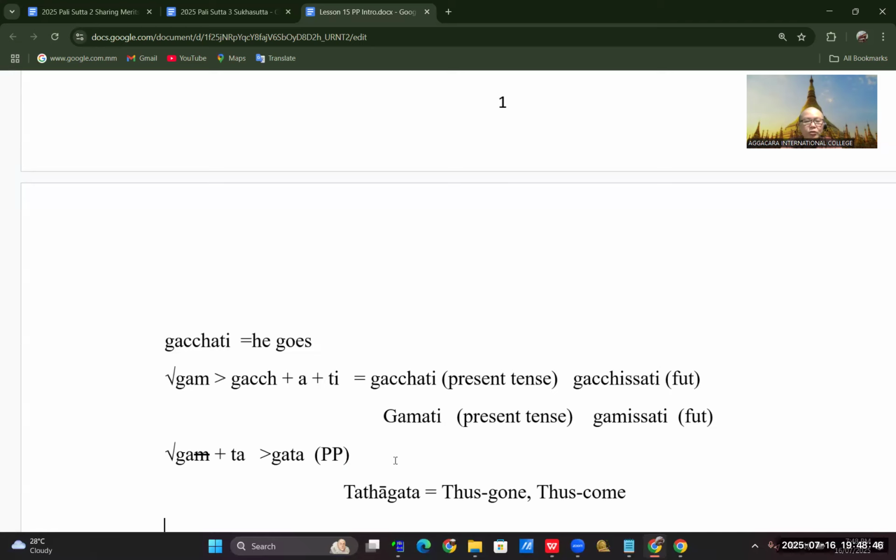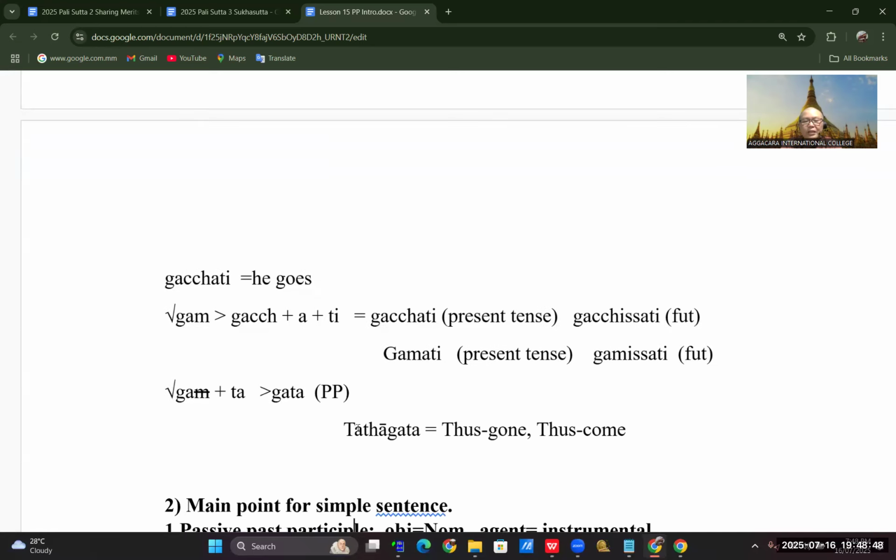Gata. You see this in tathagata many times. Tathagata, we call it thus gone. In Chinese we call it Ru Lai. So thus gone, tatha gata or tatha agata. Literally, we call it thus gone.